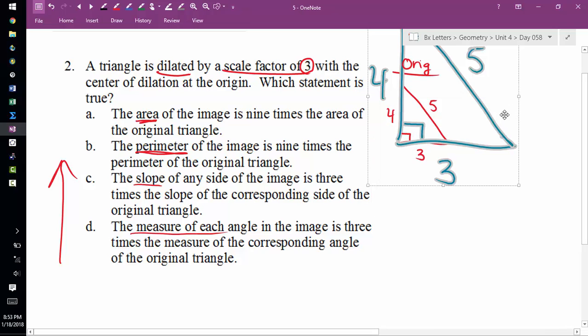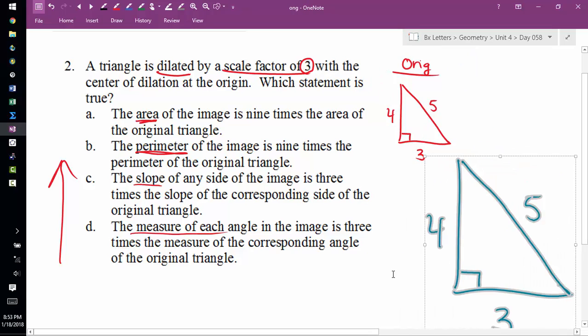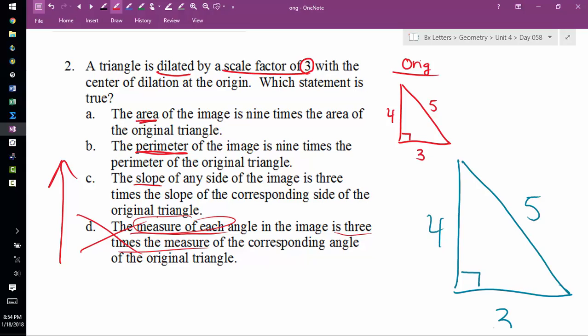It didn't become 90 times 3. So that's how I know that whole entire talking about the angles getting multiplied 3 times the measure can't be correct. Any transformation will preserve angle measure. It's going to preserve shape. Dilations only change the size of sides.